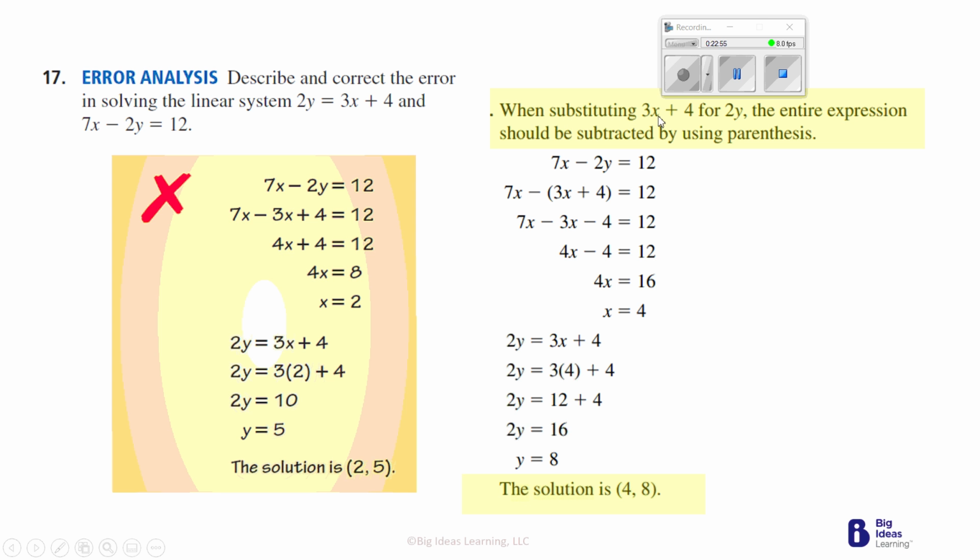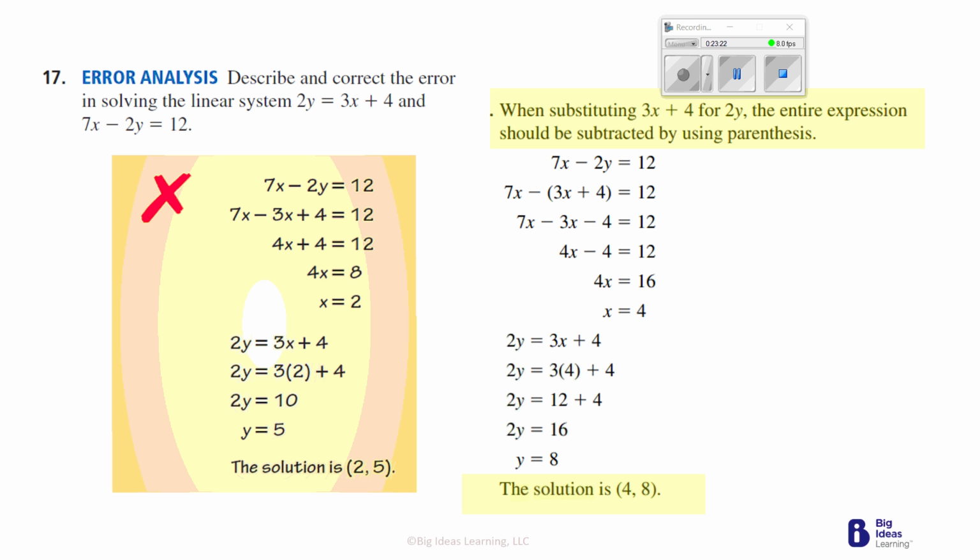When substituting 3x plus 4 for 2y, the entire expression should be subtracted using parentheses. So according to this, they're saying that we're going to go ahead and take negative 3x plus 4 over here, and that would mean this negative gets applied to everything in here.